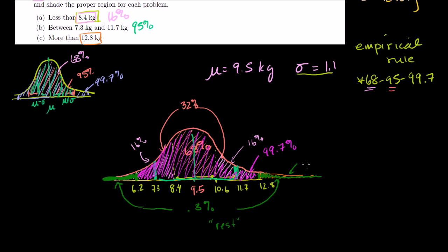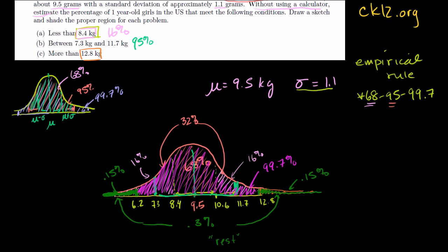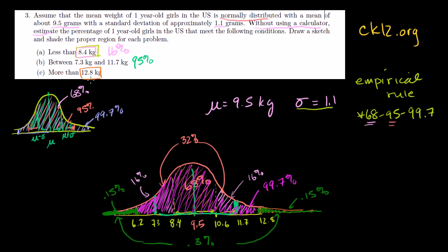So this right here has to be half of this, or 0.15%, and this right here is going to be 0.15%. So the probability of having a 1-year-old baby girl in the US that is more than 12.8 kilograms, if you assume a perfect normal distribution, is the area under this curve, the area that is more than 3 standard deviations above the mean, and that is 0.15%. So 0.15%. Anyway, hope you found that useful.